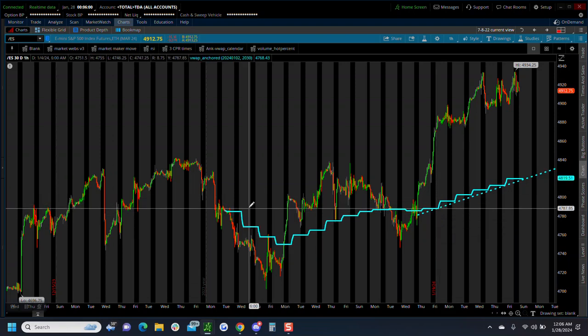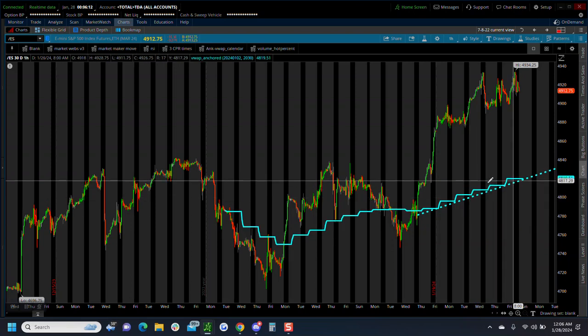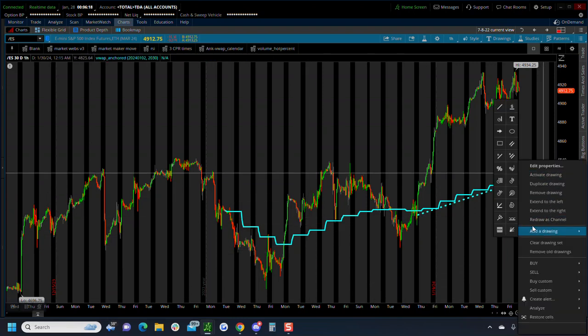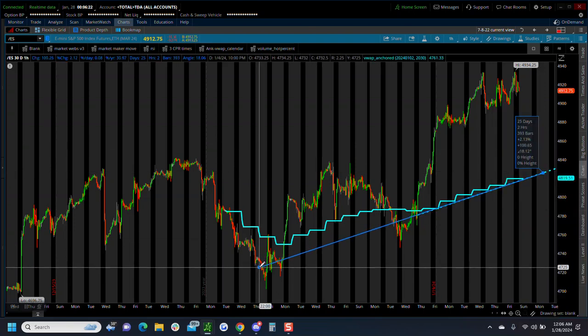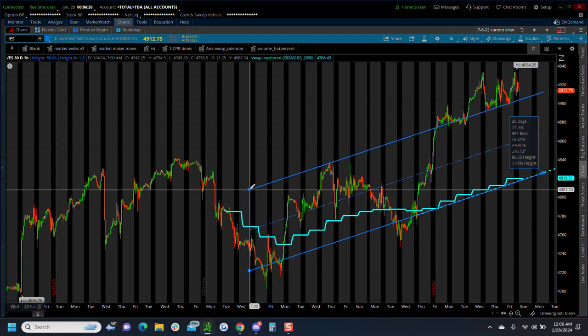And then you can also put some channels based off that trend and see how prices are interacting within a channel format. So, for example, let's put a little channel in here off that trend, and see how price has interacted right there.